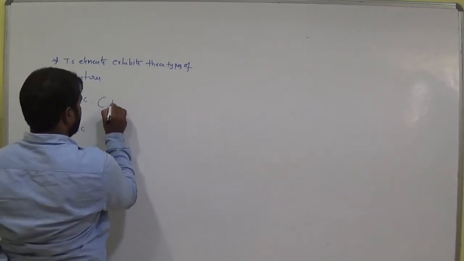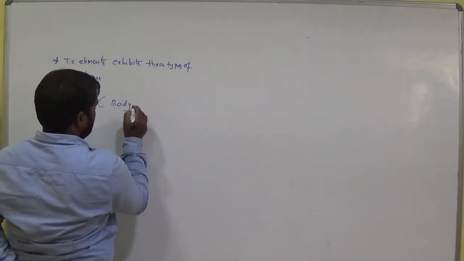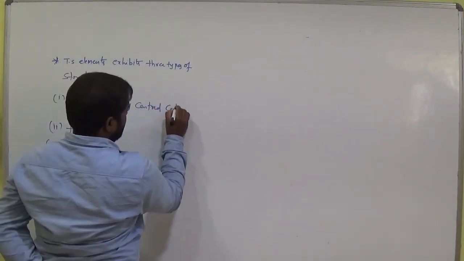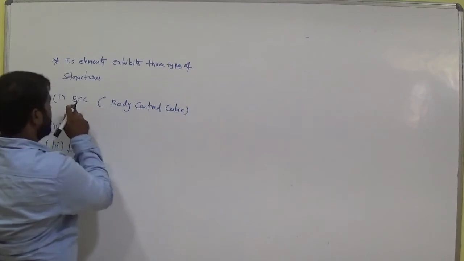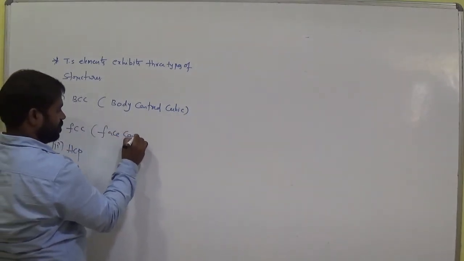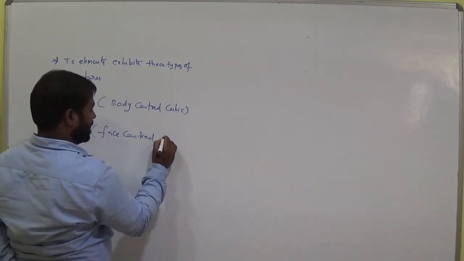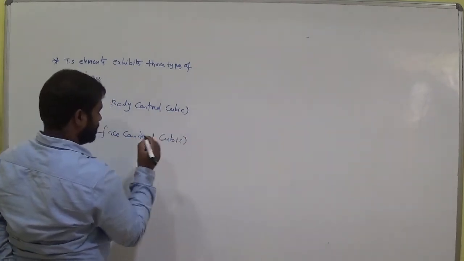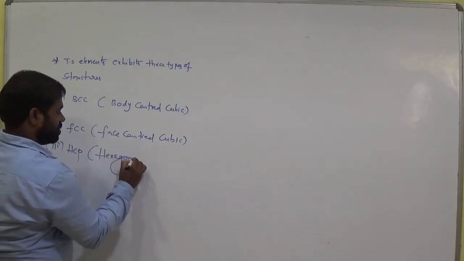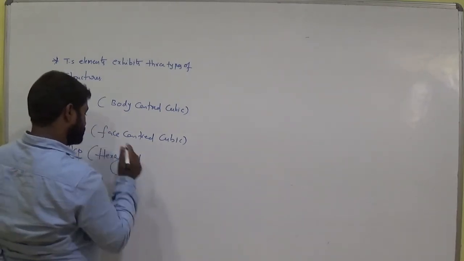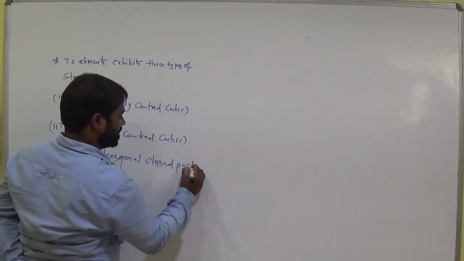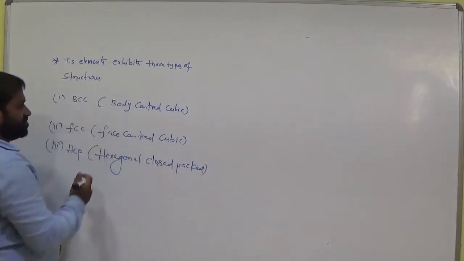It means body centered cubic structure, and FCC means face centered cubic structure, and HCP means hexagonal closed packed structure. And this is the abbreviation of this one.